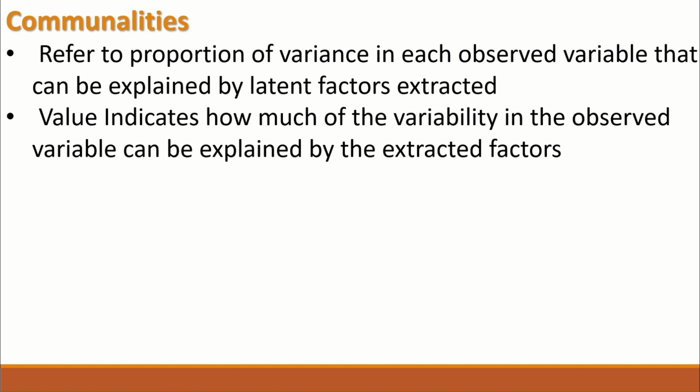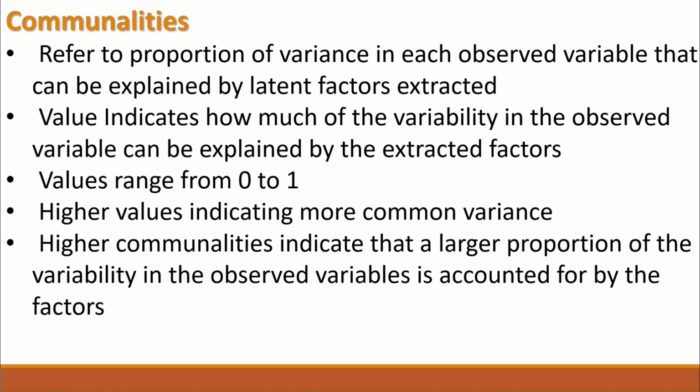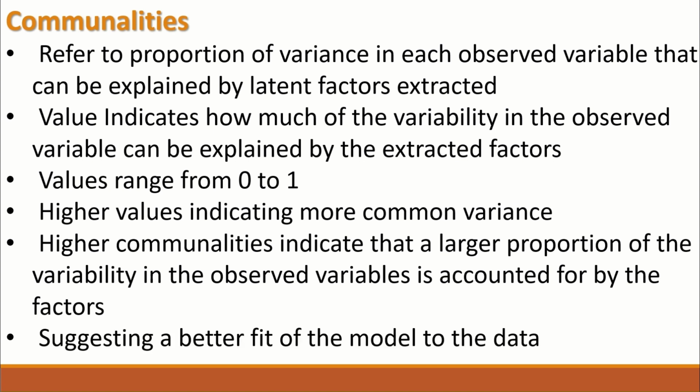The value for communalities indicates how much of the variability in the observed variable can be explained by the extracted factors. The values for communalities range from 0 to 1, with higher values indicating more common variance. Higher communalities indicate that a larger proportion of the variability in the observed variable is accounted for by the factors, and this suggests a better fit of the model to the data.